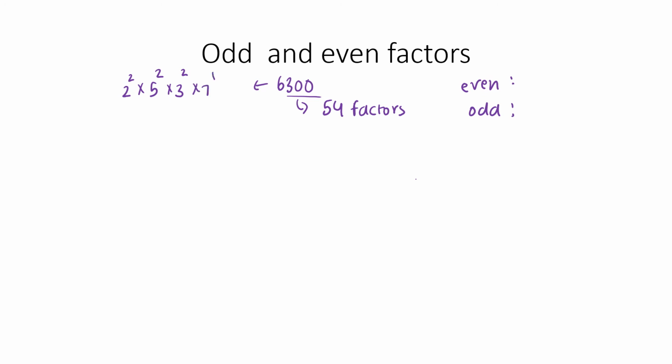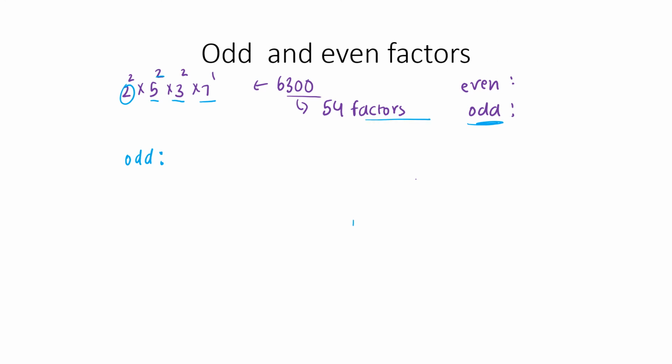Now, to find the odd factors, what you're going to do is exclude any number that has 2. So we're only going to take these bases. If the base is 2, exclude that. Using the numbers that don't have a base of 2, we take those exponents and do the same thing essentially.